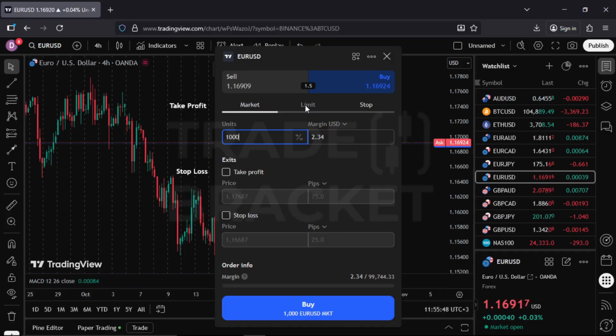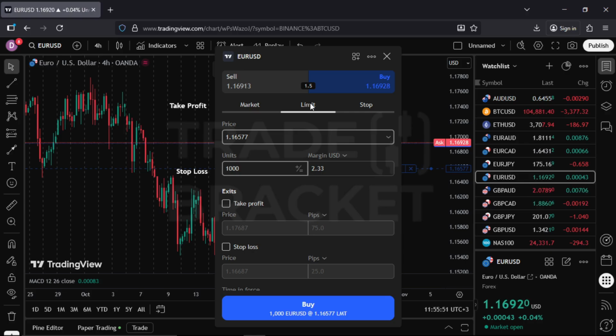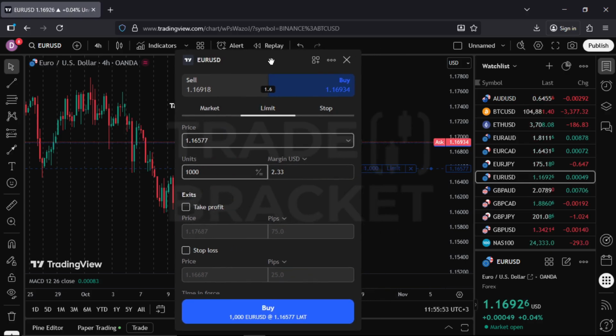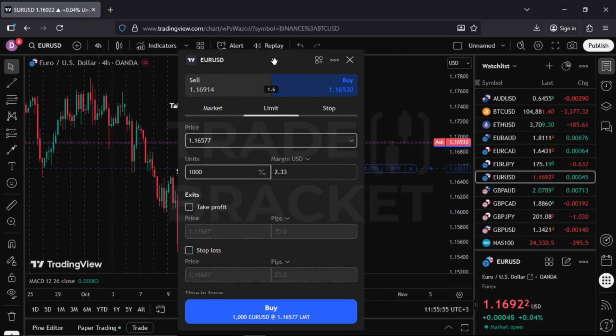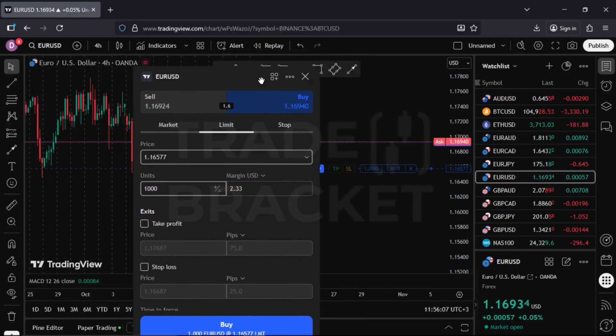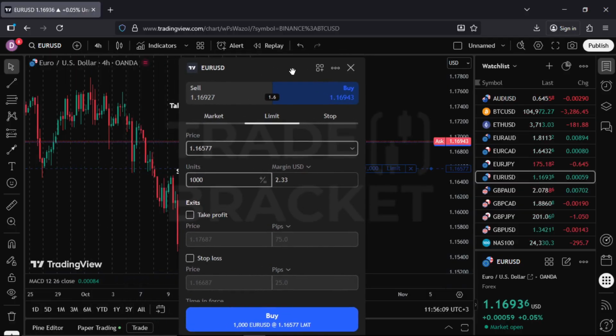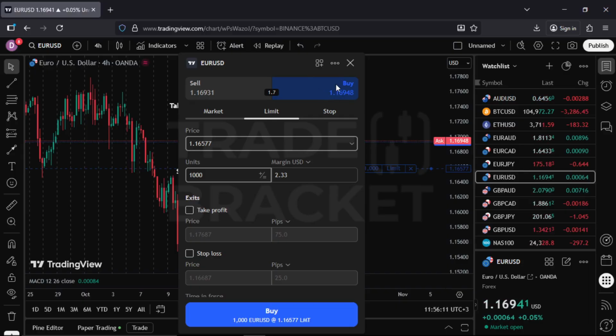Now let's go to the limit order. What did we say about the limit order? We said a limit order is an order you place if you think price will retrace back before continuing in its direction.